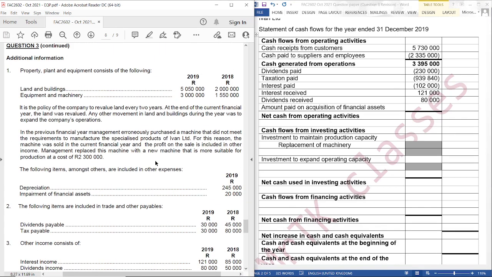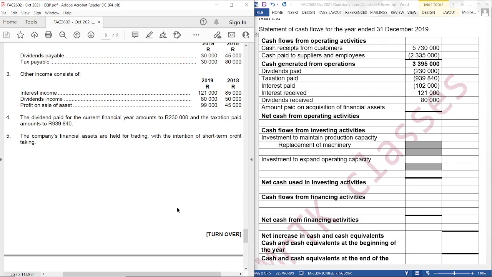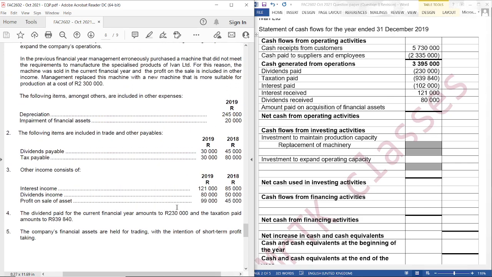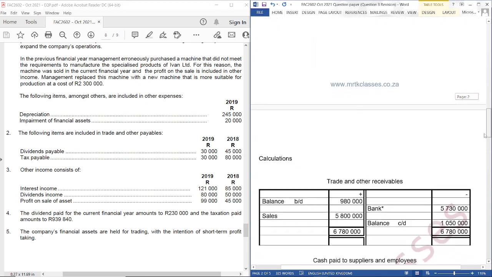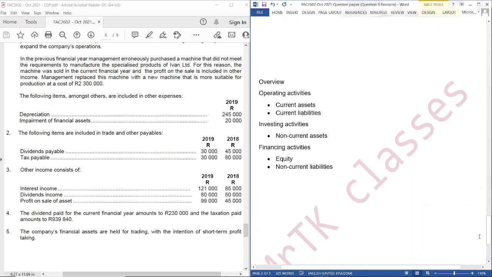Okay, then I can see that we have financial assets, but we need to know the story behind our financial assets, right? Because remember, financial assets can fall under non-current assets and can also fall under current assets. So if our financial assets are falling under current assets, it means we have to address them under operating activities.